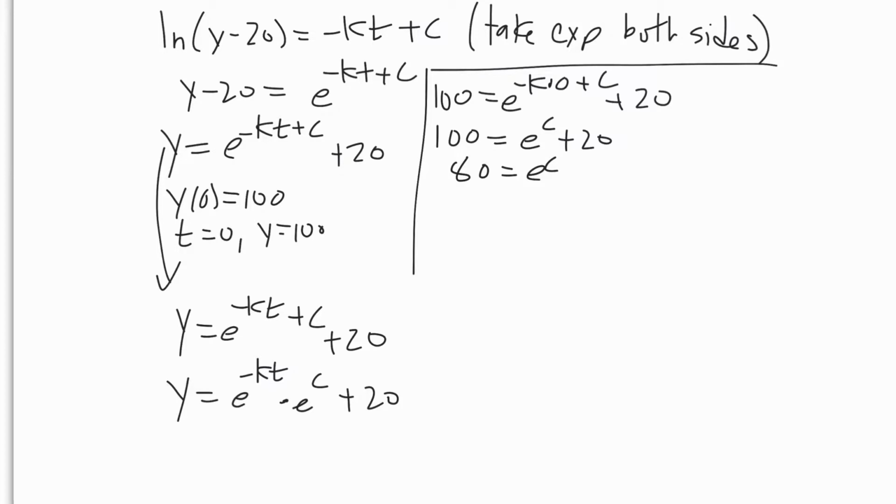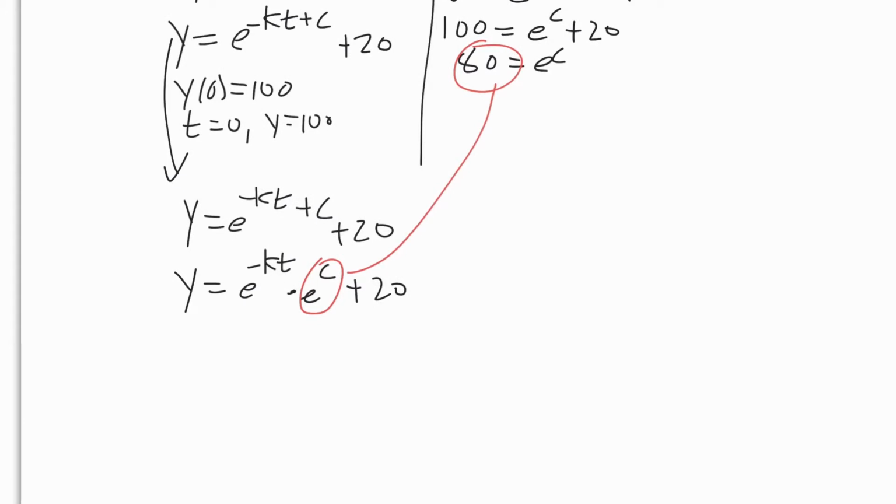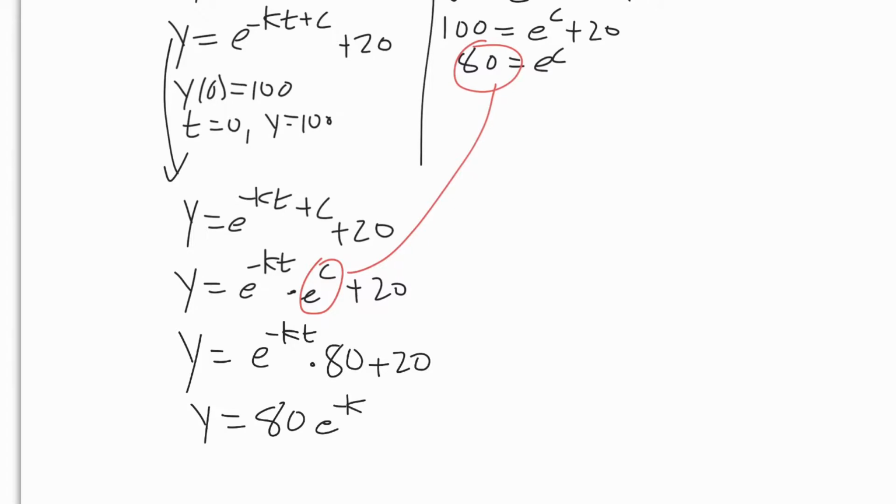And here I have that e to the c apparently is equal to 80. So it just makes my algebra a little bit easier. I don't actually have to solve for c. I can solve for e to the c because that's part of my equation. So I get minus kt times 80 plus 20. And so my equation would be y equals 80 e to the minus kt plus 20.